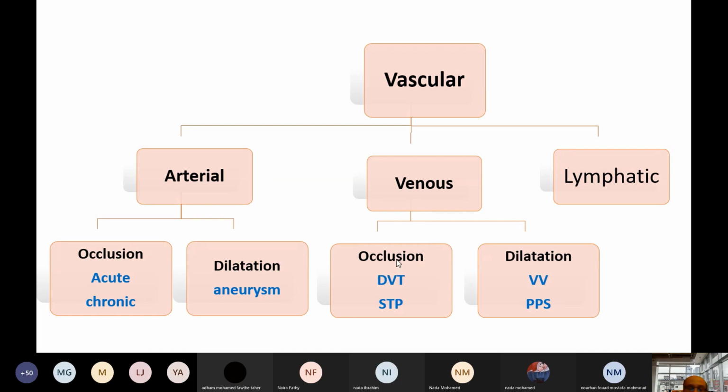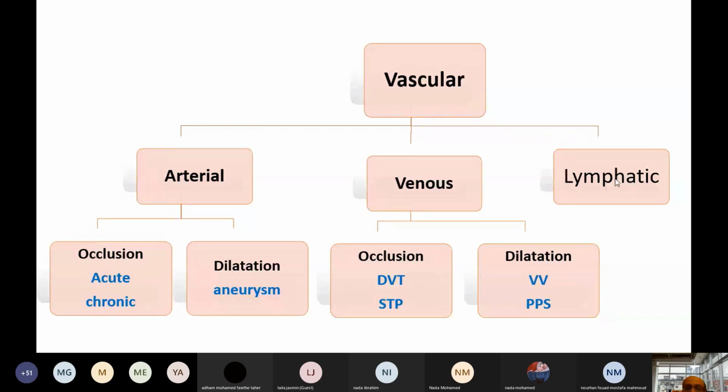When the venous system is occluded, the occlusion is called thrombosis, and thrombosis could affect the deep system, so it is called deep venous thrombosis, or superficial system, which is called superficial thrombophlebitis. Dilatation of the blood vessels is called varicose vein, or could be a secondary varicose vein, or what is called post-phlebitic syndrome.